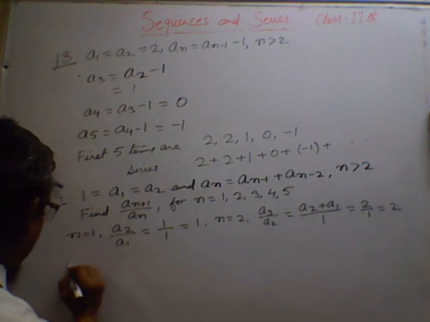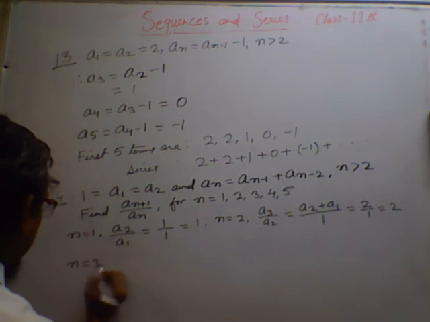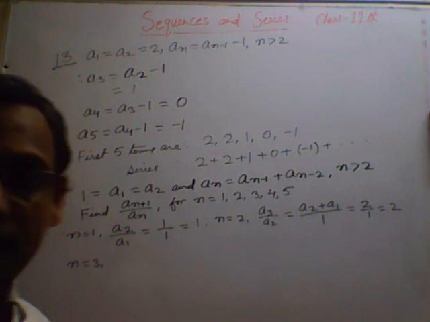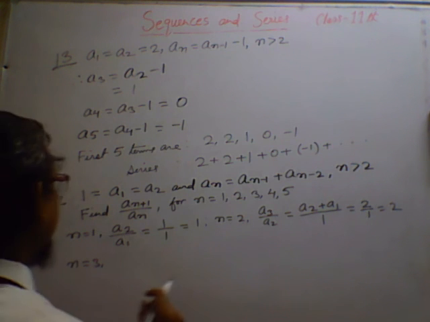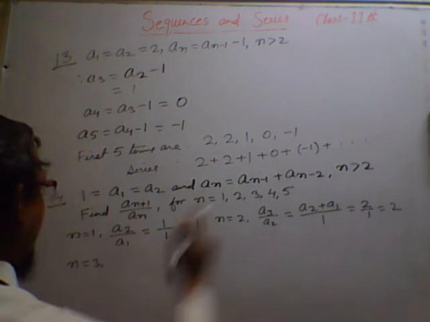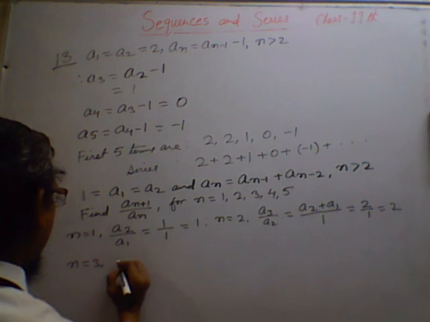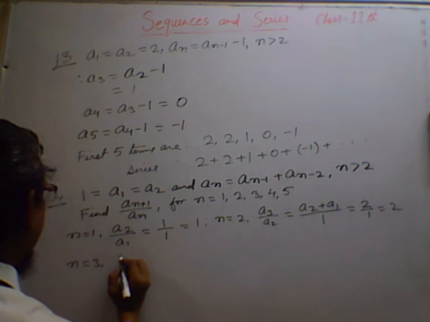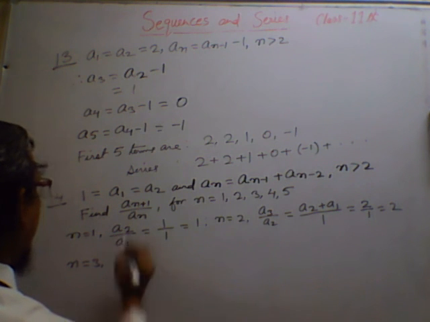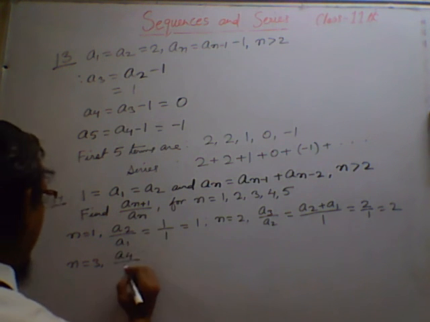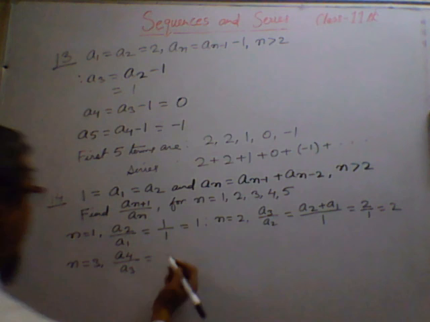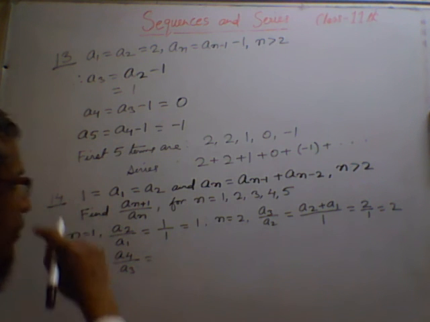And when n is equal to 3, it will be A3 plus 1, which is A4, over A3. Now we have to find the value of A4.